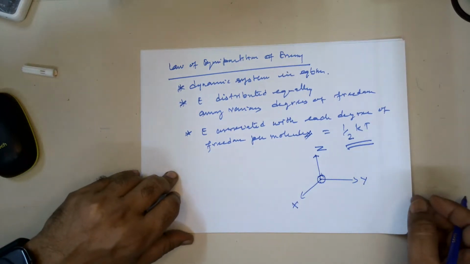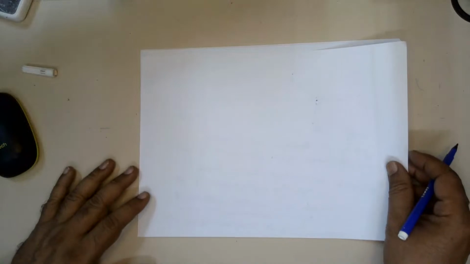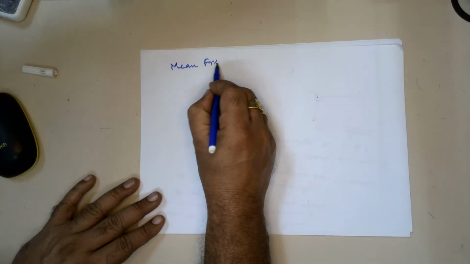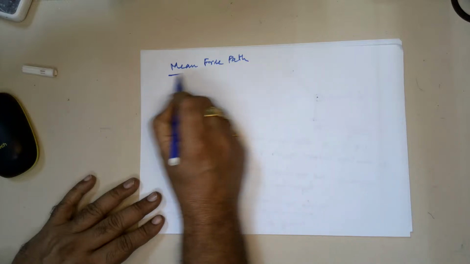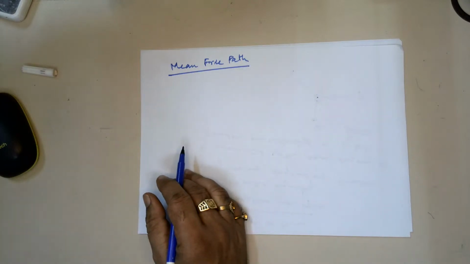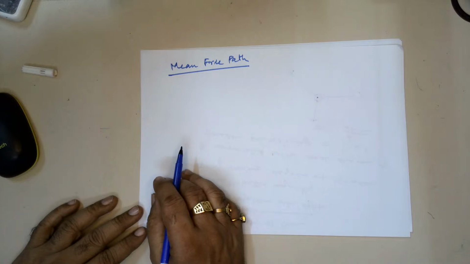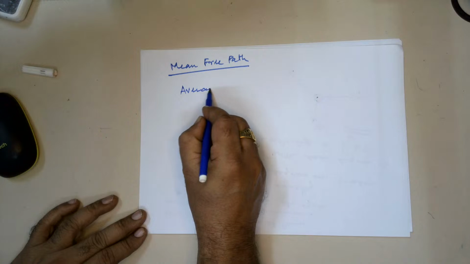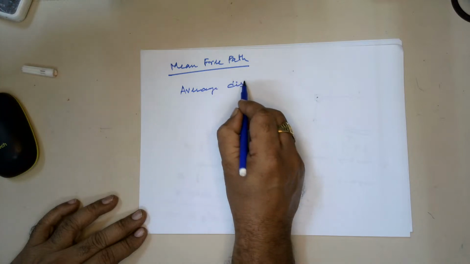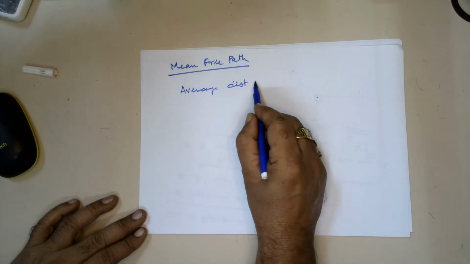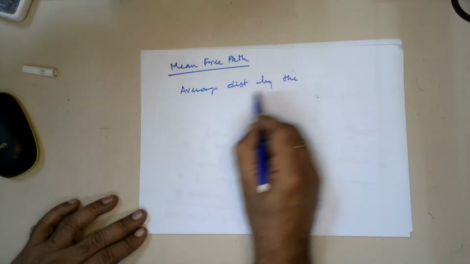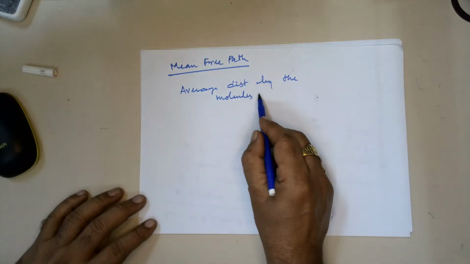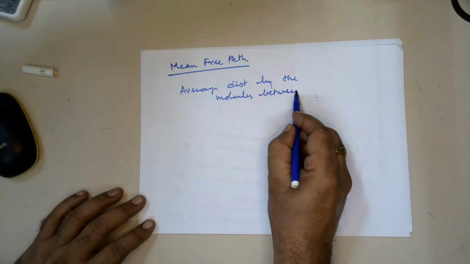Next, mean free path. The mean free path of a molecule in a gas is the average distance traveled by the molecule between two successive collisions.